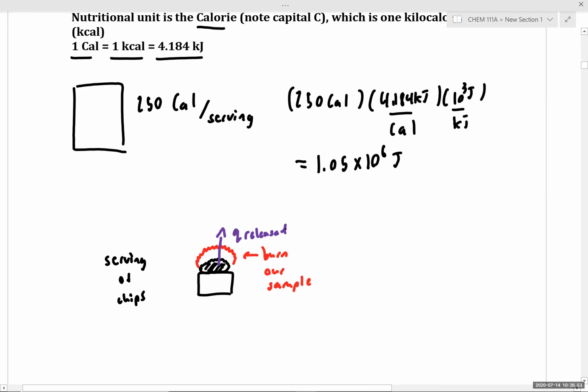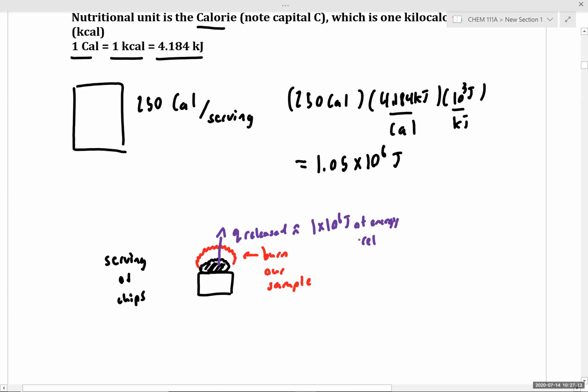And if we completely combust our sample, if we completely burn our sample, we will generate about 1 times 10 to the 6 joules of energy released.